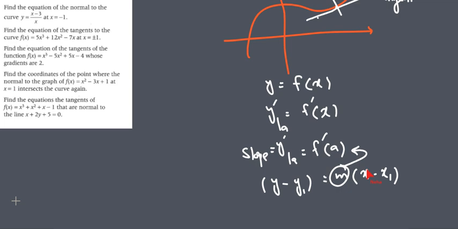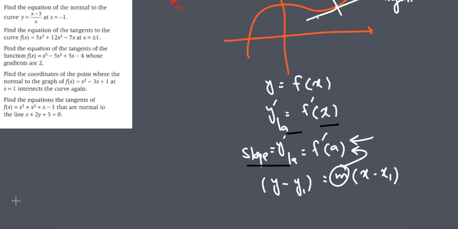I'm very confused, sir. If you equate both the derivatives, you get the slope. Yes, this is the slope now. No, we can't use this to find the point.